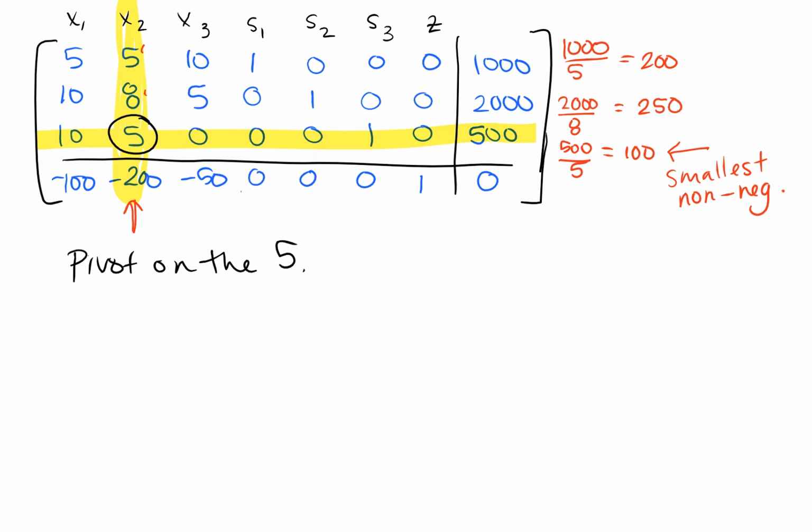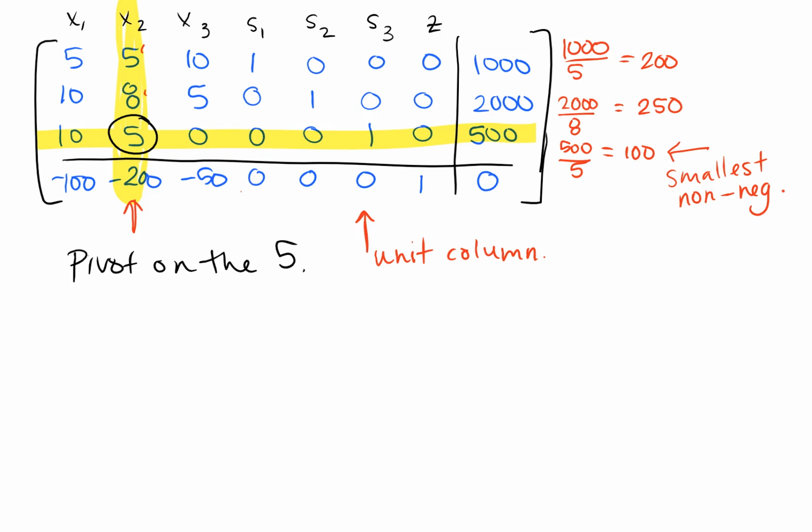Anytime you have a column, for example the S3 column, where you have entirely zeros and one value that is 1, this is called a unit column. In our case, S1, S2, S3, and Z would all be unit columns. The reason that a unit column is important is because you're going to be able to solve for that variable explicitly. Anything that is not a unit column is what we call a non-basic variable.